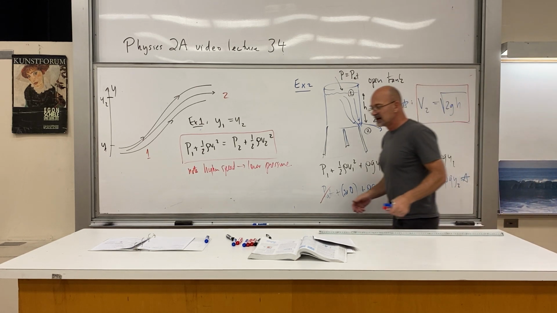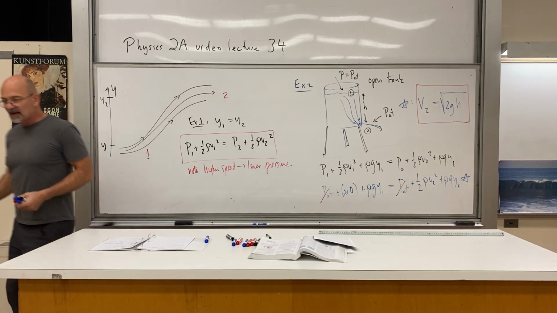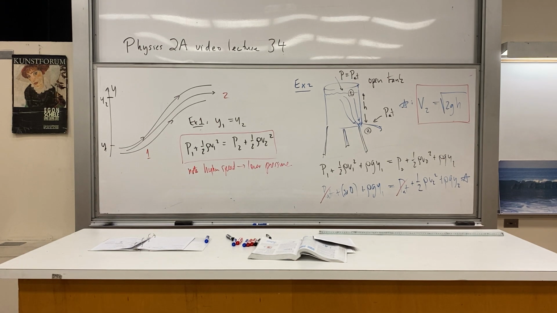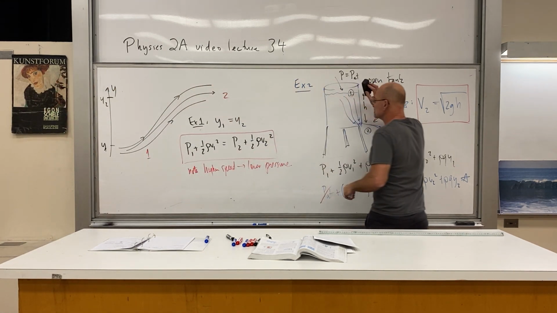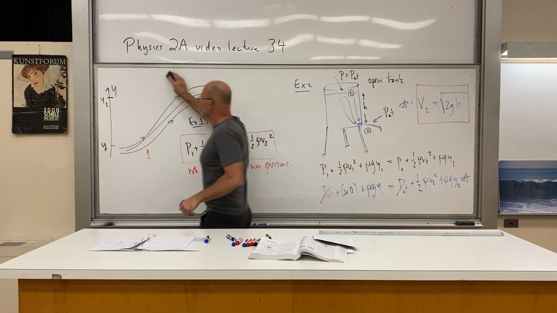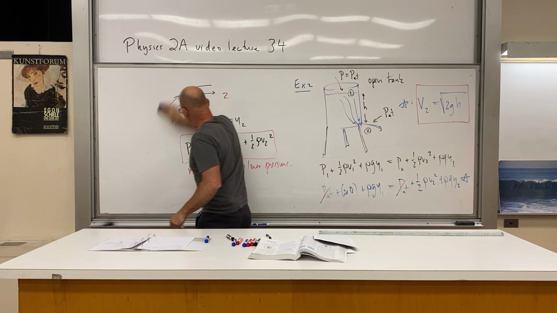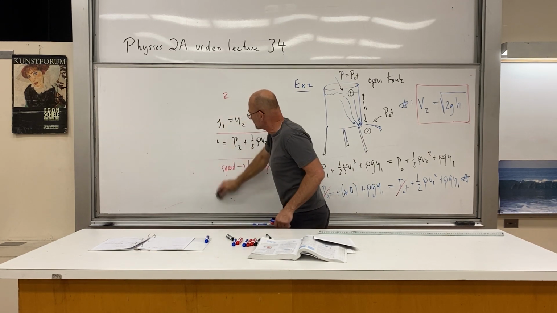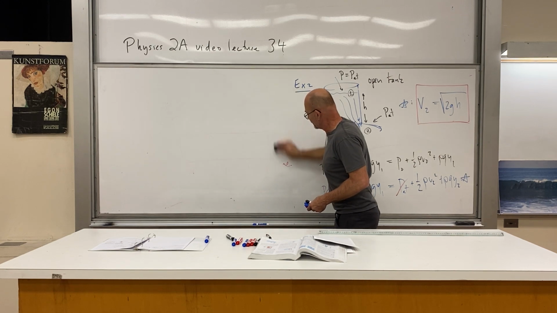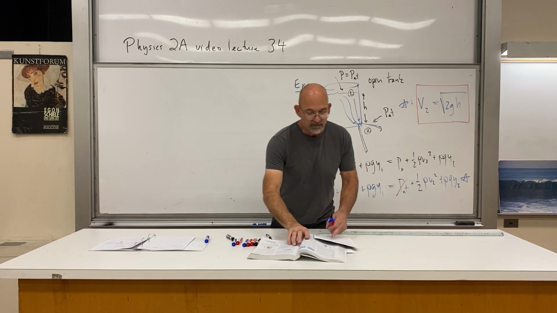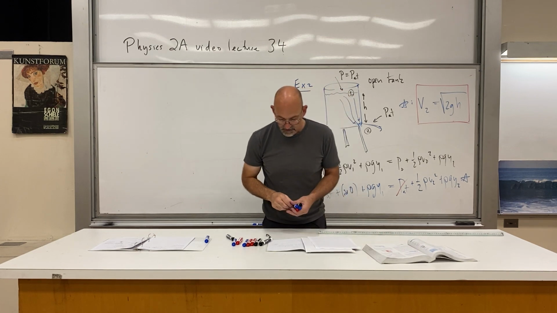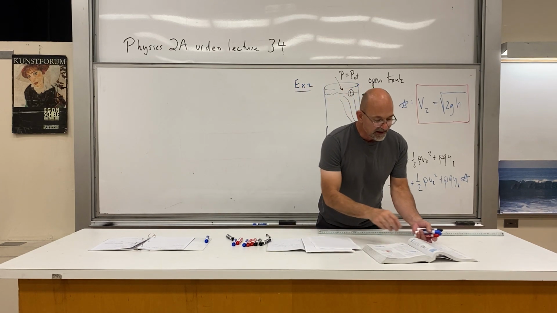Okay, good. I think I'm going to leave it at that and assign a couple of homework problems. Let's see what we have for the homework. So we're in chapter 9.